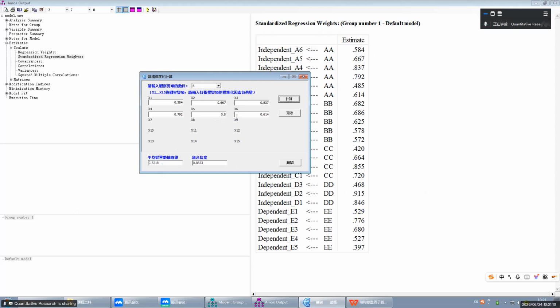Okay, AVE is 0.45, right? And of course it's below the criteria, but we just ignore that because we just want you to understand how to evaluate square roots of AVE.